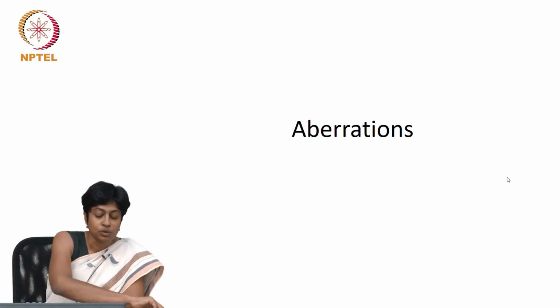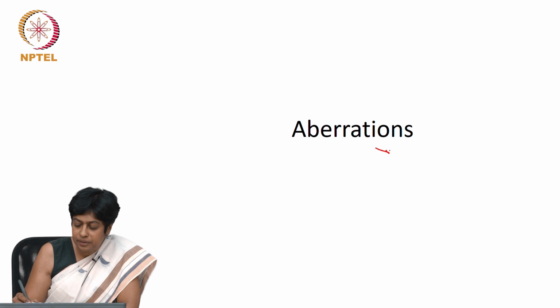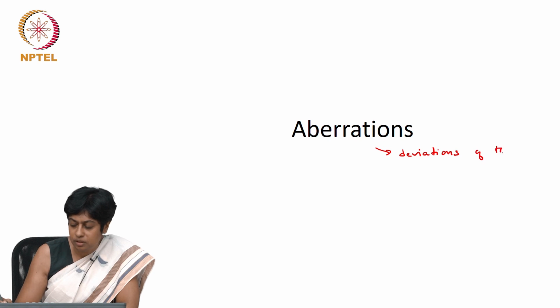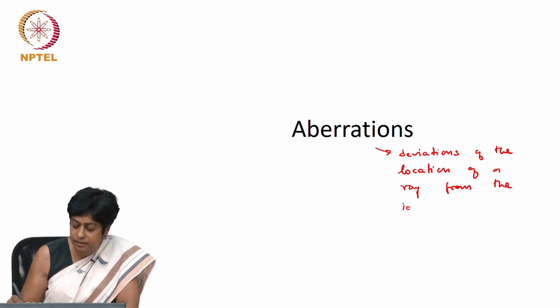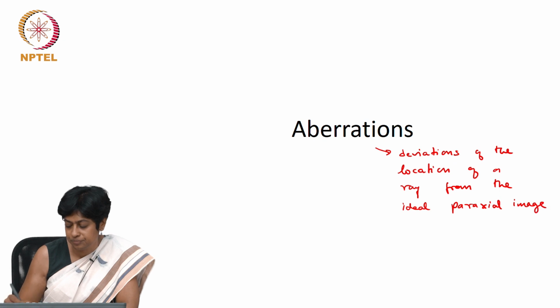So you can call aberrations basically the deviations of the location of a ray from the perfect paraxial point, from the ideal paraxial image point.